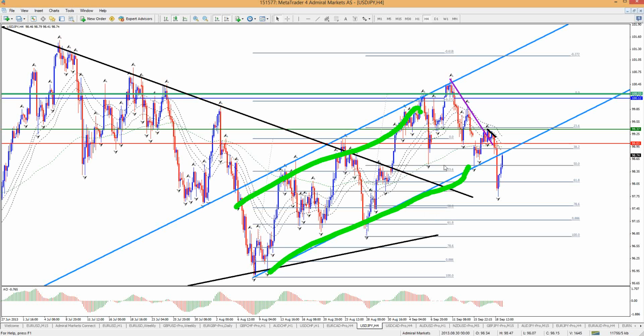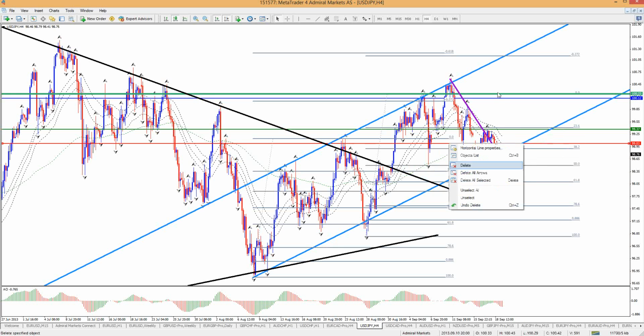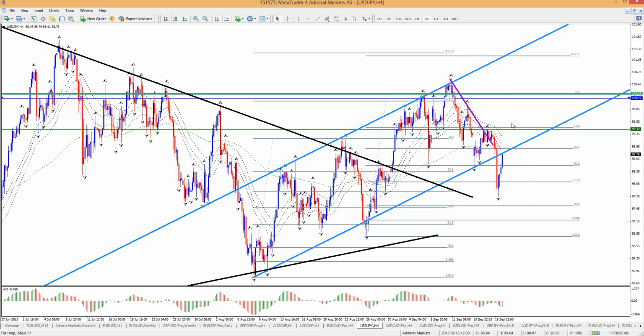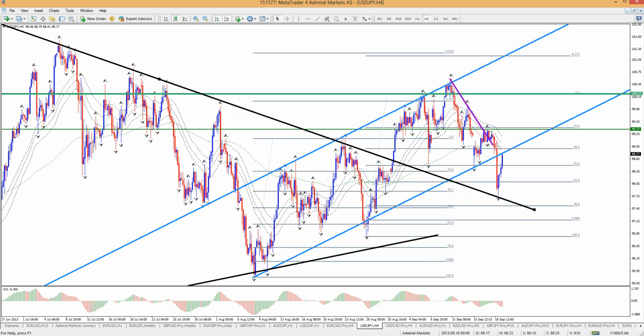So the dollar yen, for me, I'm back in a neutral mode, and I'm going to wait and see, because basically, from a technical point of view, we broke out of the wedge, the weekly wedge, these black lines, but we didn't break out with enough steam. We hooked back, bounced off the bottom of the trend channel, now broke it, and bounced maybe off the bottom of this trend channel again, right?